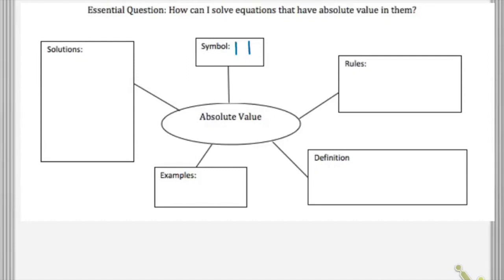And the rule for absolute value is that it's always positive or zero, because it's distance from zero, and distance can't be negative.